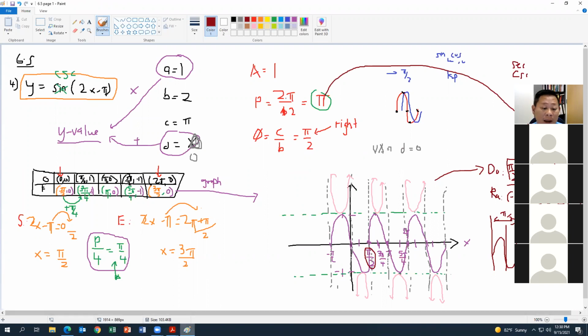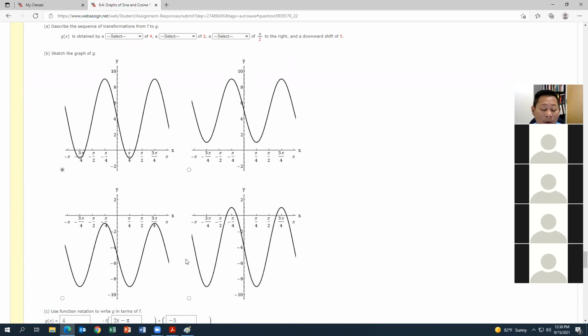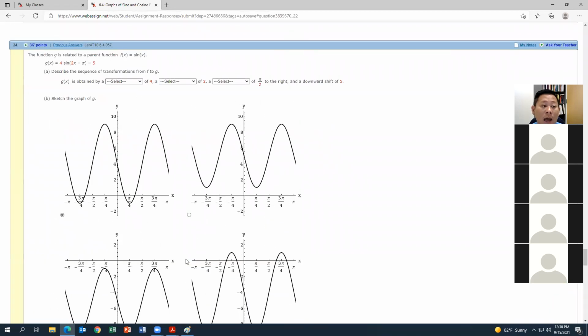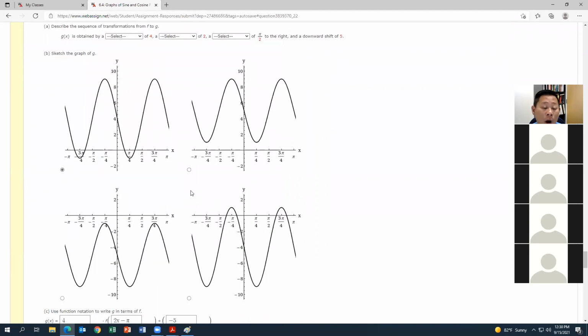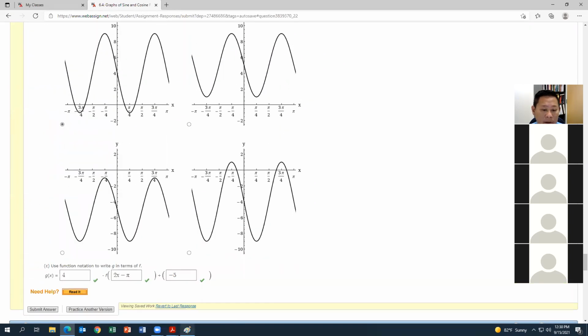This is what I suggest you do in your homework, instead of some of you simply putting, oh, it's A or it's B or C, or just guessing. So do not do that. It's not going to help you in your test, I can tell you that. Anyone have any questions for me?